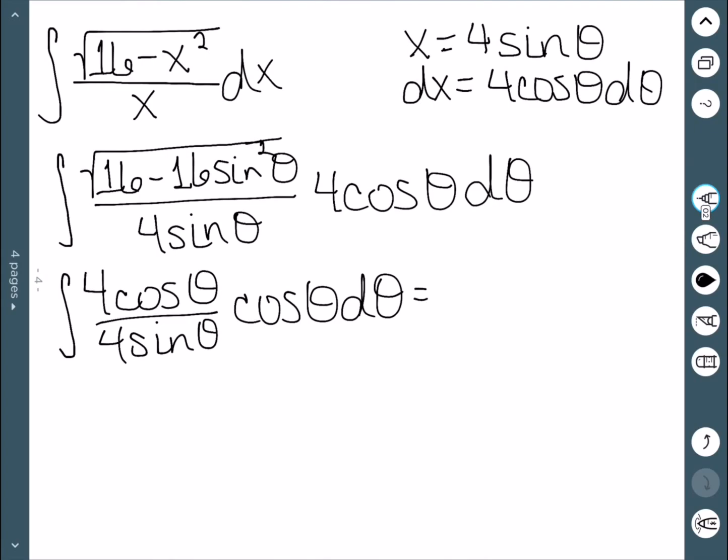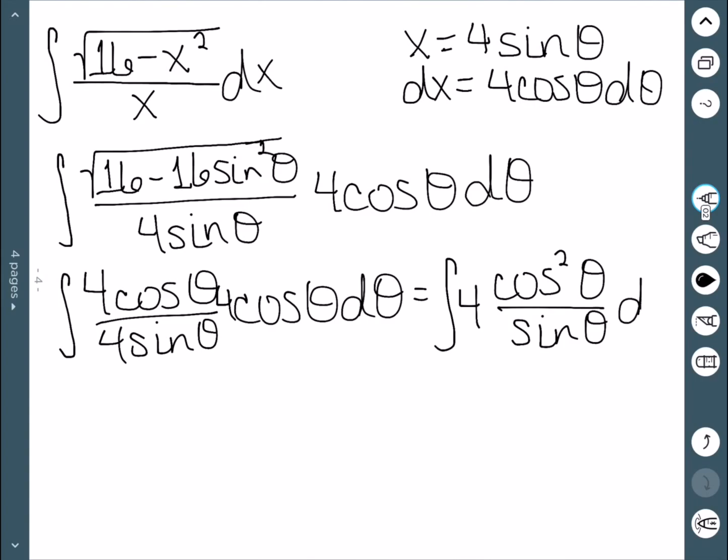Which is equal to the integral of 4 cosine squared theta over sine theta d theta. We now need to figure out how to integrate this, and we're going to use a few trig identities to figure it out.